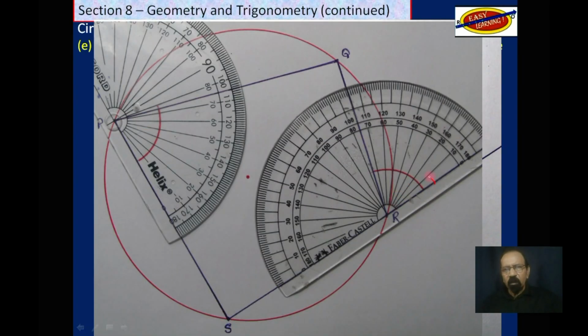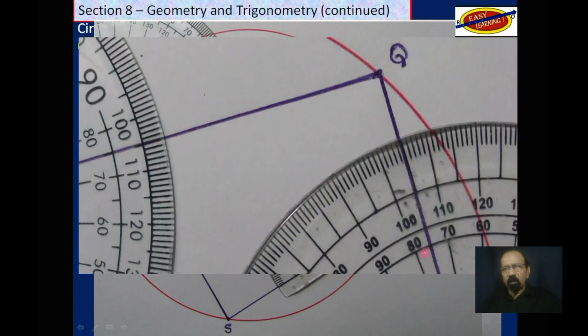Let's measure them. This angle here, 70, it hasn't reached 80 as yet. Looks like 75. And this angle over here, 70, it hasn't reached 80, looks like 75.